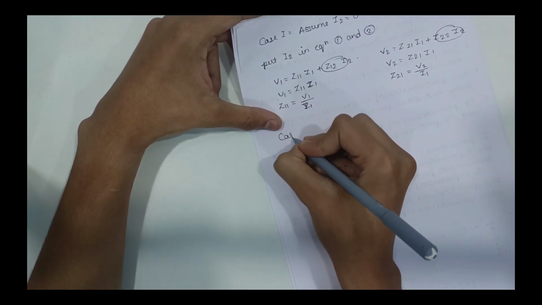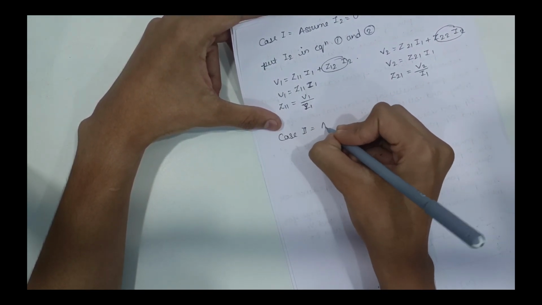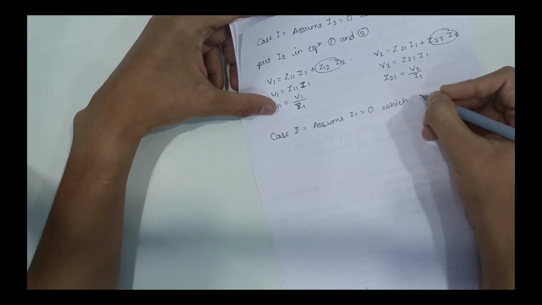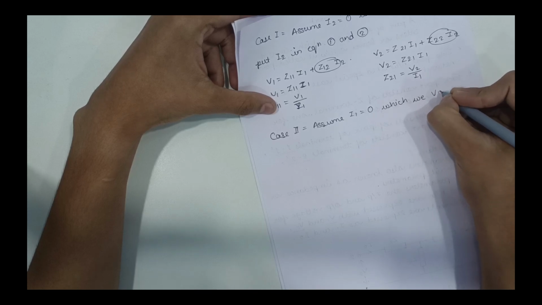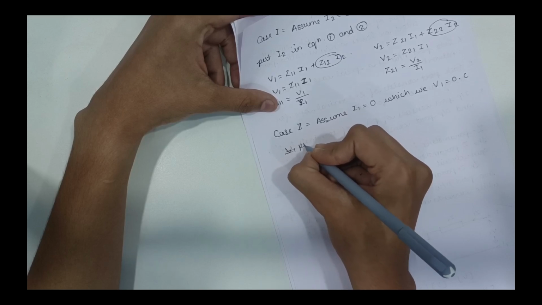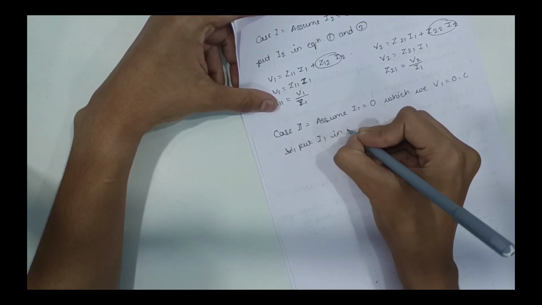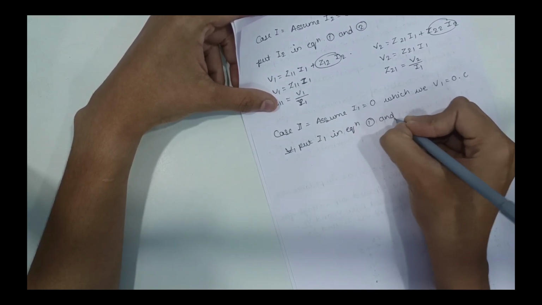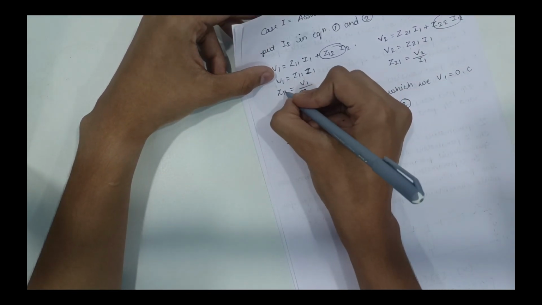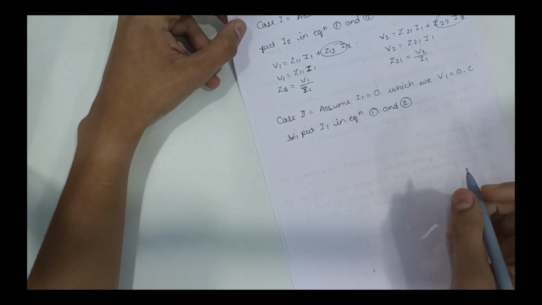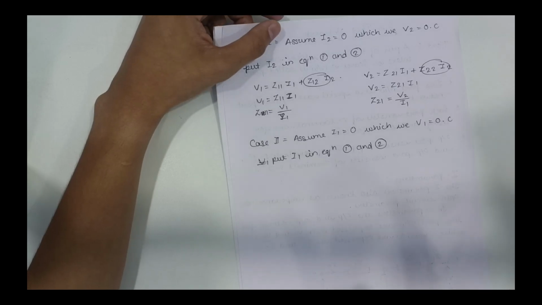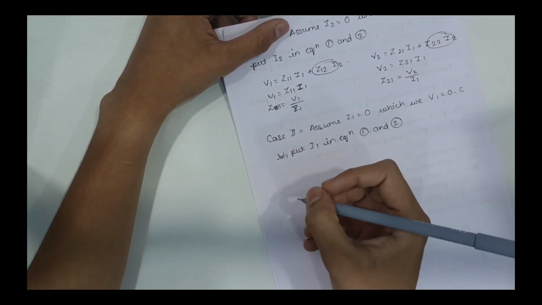In case 2, we will assume I1 is equal to 0, which means V1 is open circuit. Now putting this I1 in equations 1 and 2, we will get the values of Z12 and Z22.